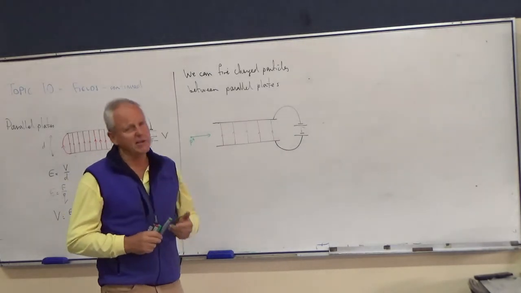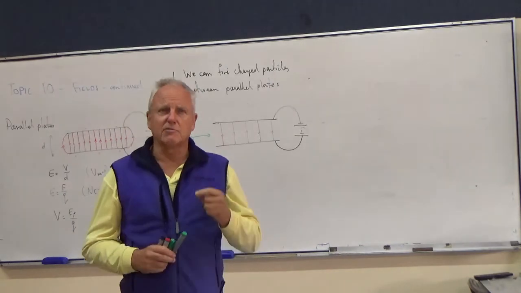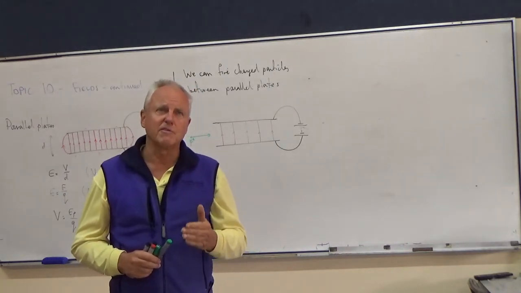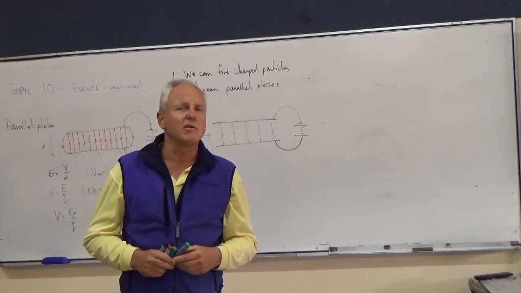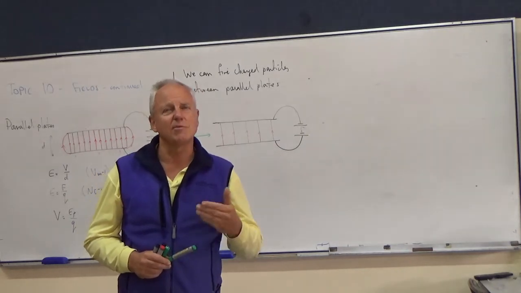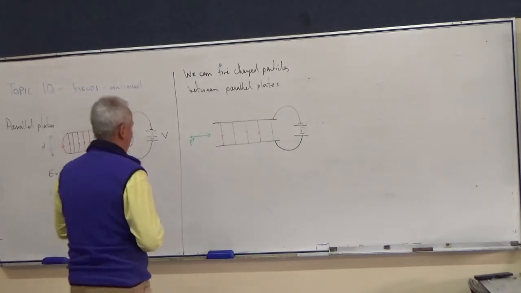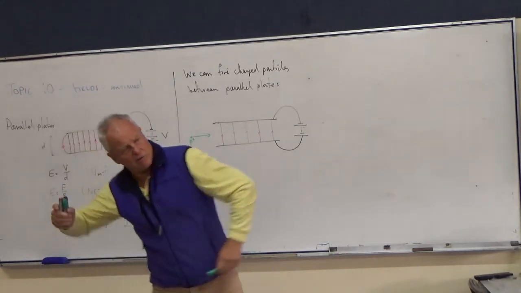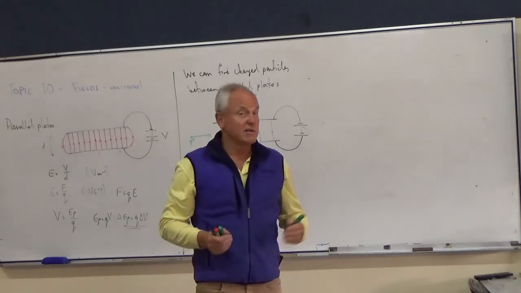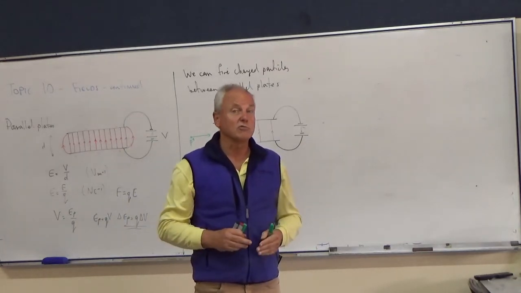The direction of the electric field indicates the direction of the force on a positive charge. And a proton is a positive charge, so it'll experience a force in the same direction as the field, i.e. up.